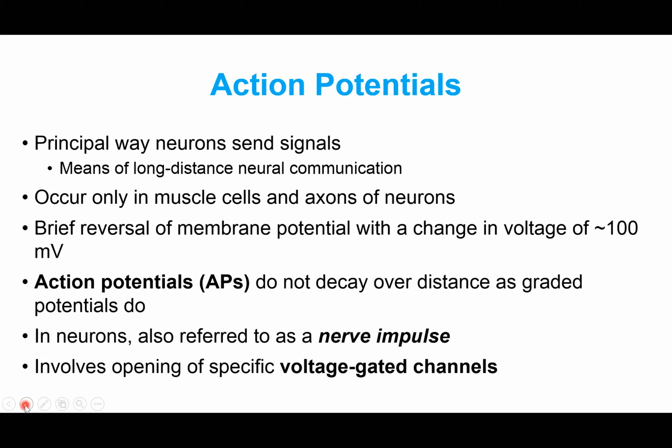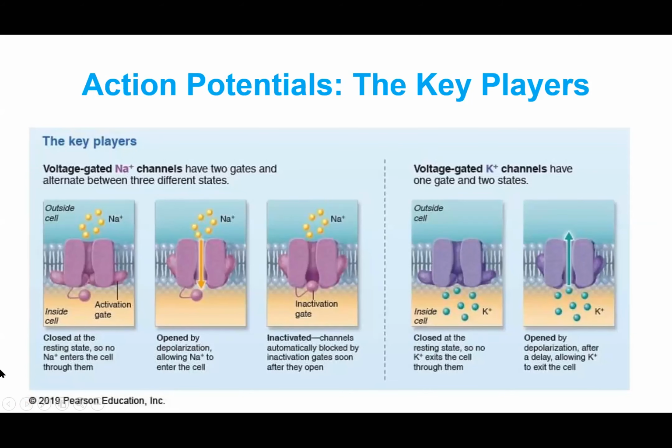And action potentials then involve the opening of certain voltage-gated channels, okay? So key players in action potentials are going to be sodium channels and potassium channels, voltage-gated sodium channels, and voltage-gated potassium channels.